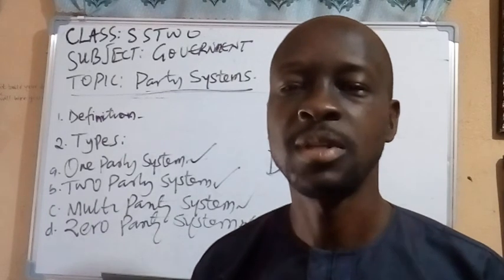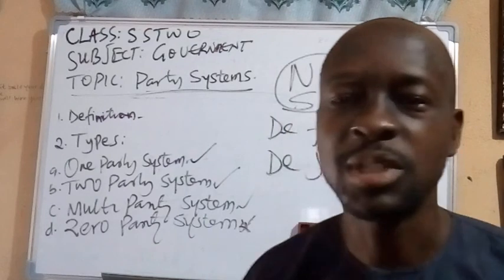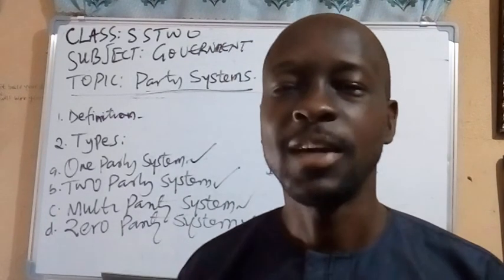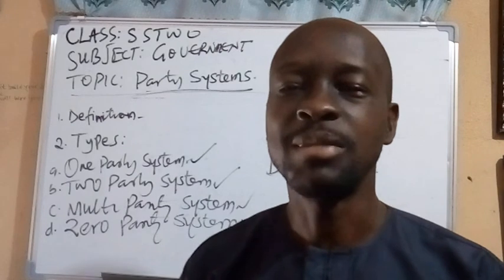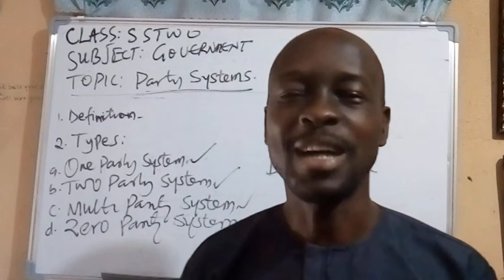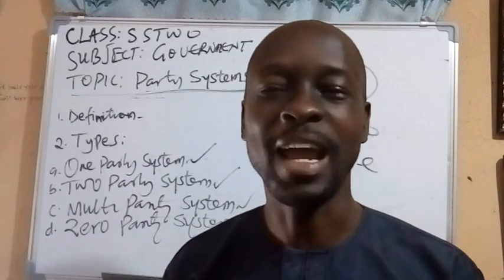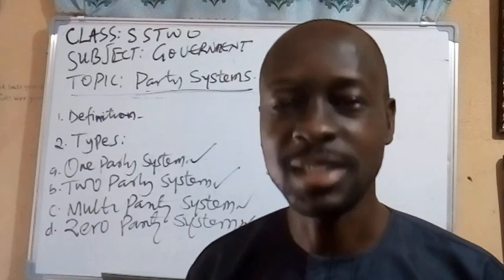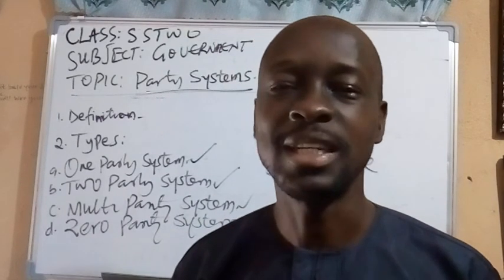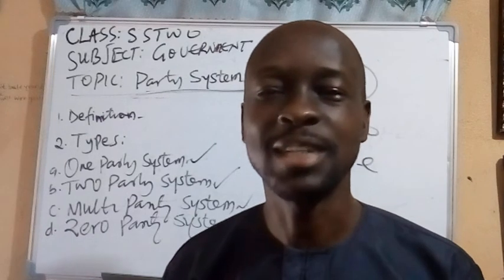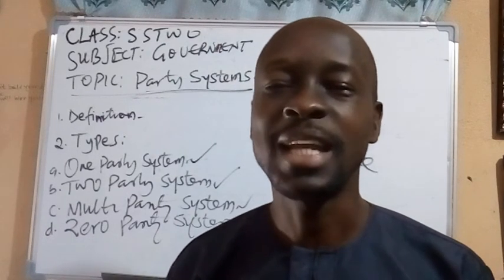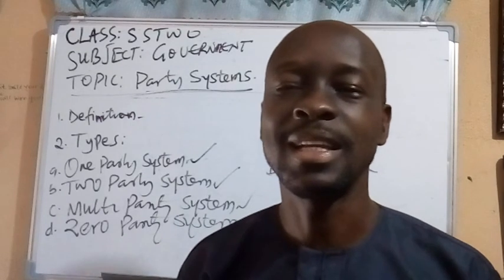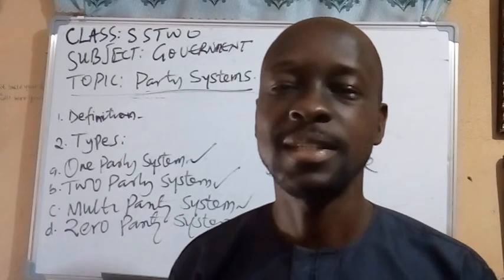In the United Kingdom, a similar situation occurs, where the Labour Party and the Conservative Party alternate power between themselves for as long as I have known, since the days of the 1970s or 1980s. It has always been either the Labour Party or the Conservative Party. So that is a typical example of a two-party system.